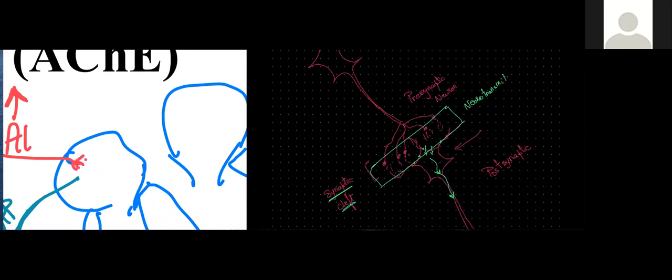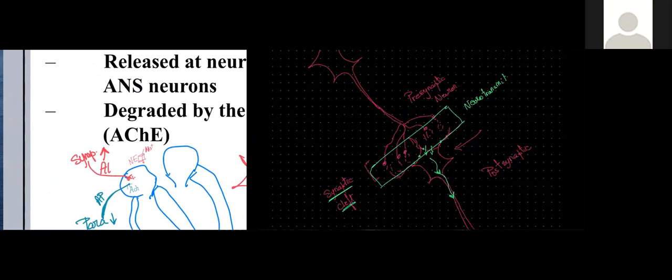Am I gonna be releasing norepinephrine, or am I gonna be releasing acetylcholine? What is the difference? This one gonna open sodium channels. This means what? It's gonna be creating a depolarization.